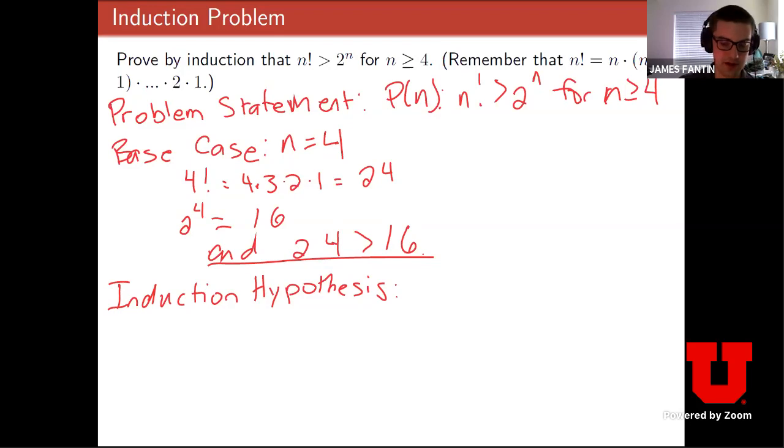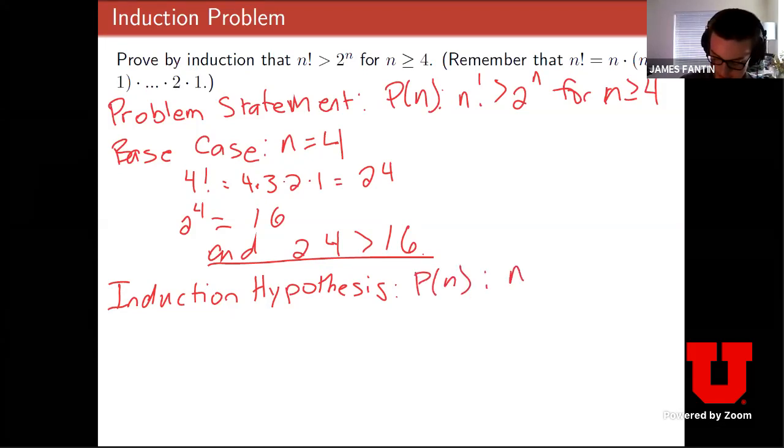We could assume that P of n plus 1 is true and show that P of n plus 2 is true, but we usually don't do that. We usually stick to either assuming that P of n is true or assuming P of n minus 1 is true. So let's assume P of n. In other words, we can assume that n factorial is greater than 2 to the n.